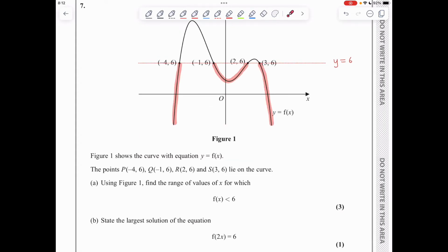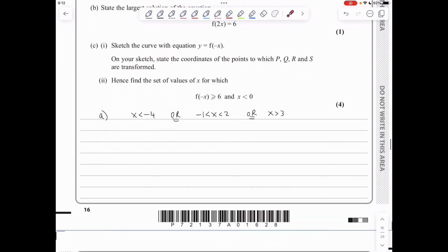In part B, it says state the largest solution of the equation f of 2x is equal to 6. We can see that there are actually 4 solutions to f of x is 6, the -4, the -1, the 2, and the 3. So if we are solving f of 2x is equal to 6, then we can start by observing that the greatest solution is x is 3.